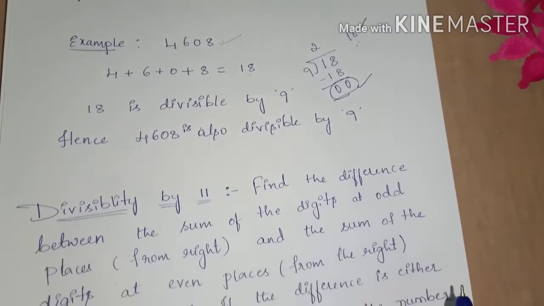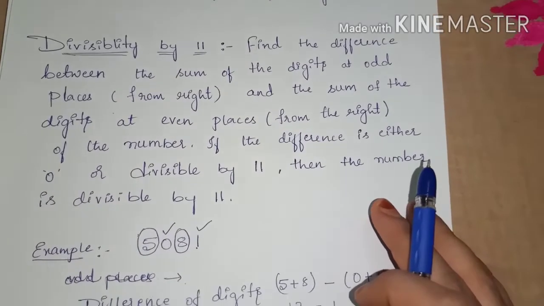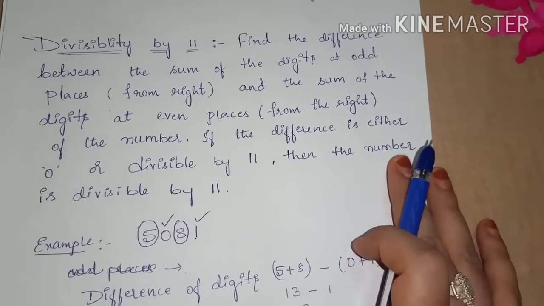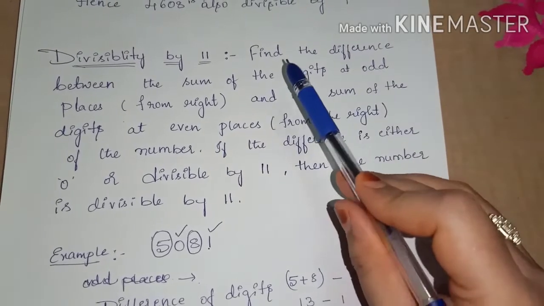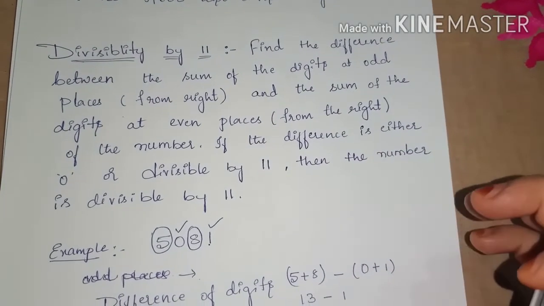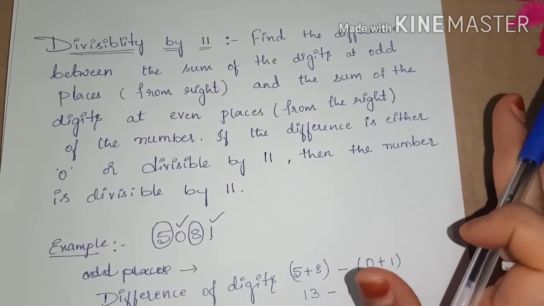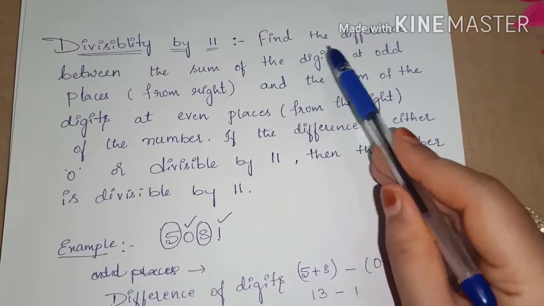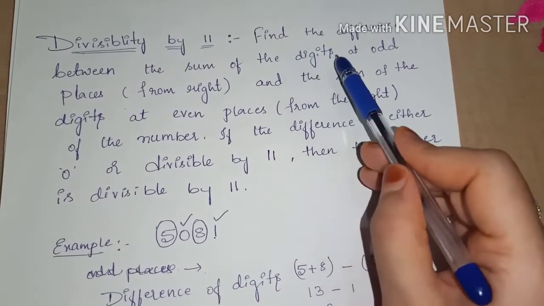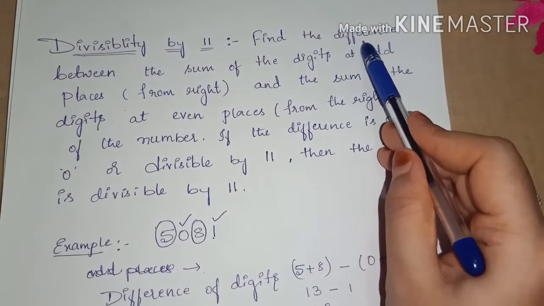Let's move to the last divisibility test, that is divisibility by 11. See here, this is a little complicated, but it is not so tough. Once you understand, it becomes simpler. First you should find the difference. Difference means subtraction.